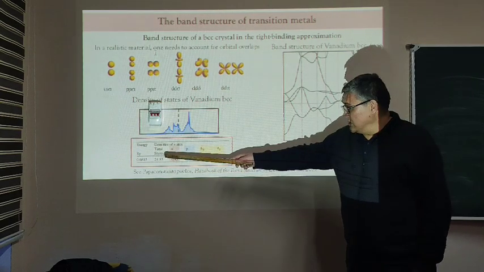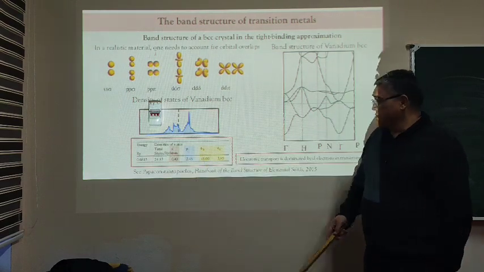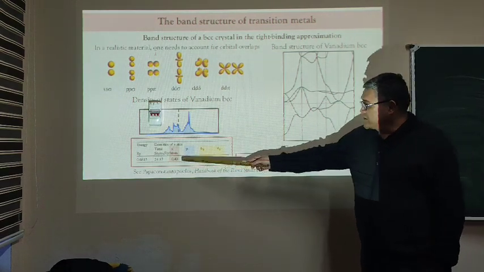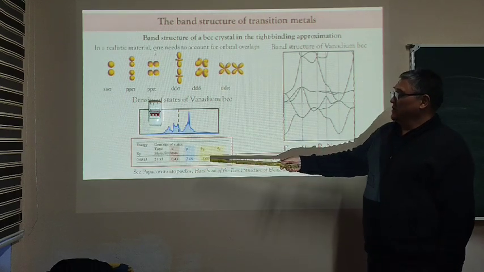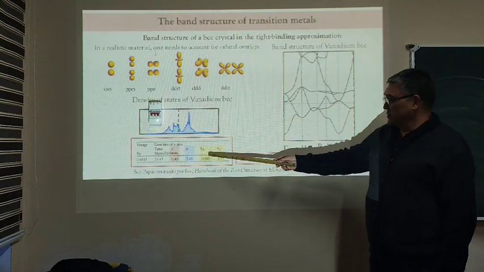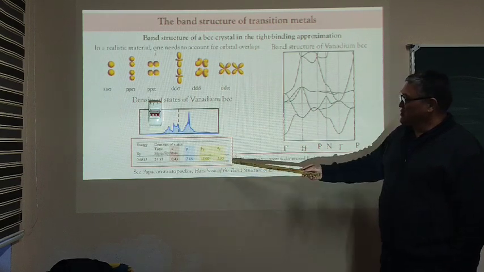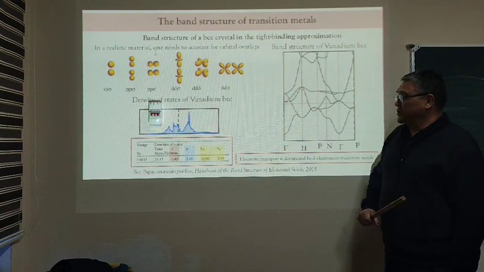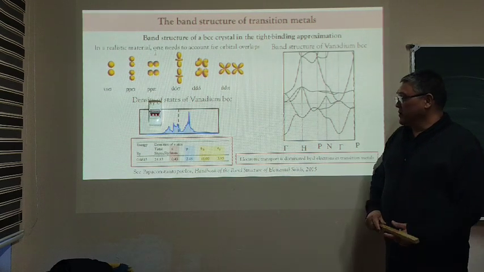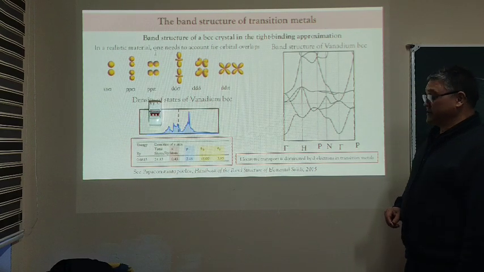For example, the total number of states per atom is 24.83, whereas for s and p it's 0.43 and 0.46, compared to d electrons, which have 18 for one configuration and 3.95 for the second. So definitely d electrons make the larger contribution to the total number of states.